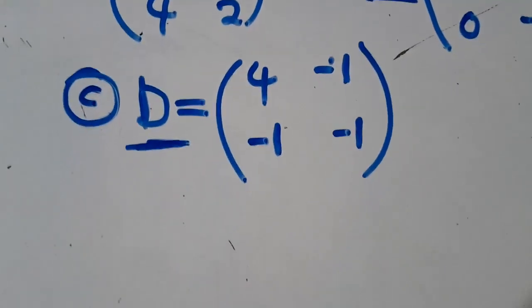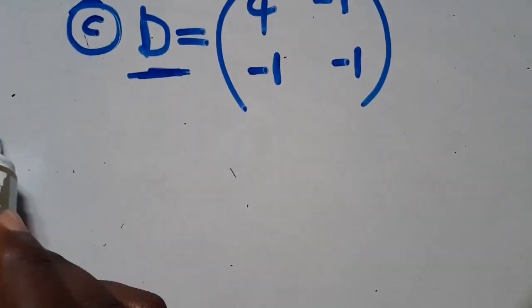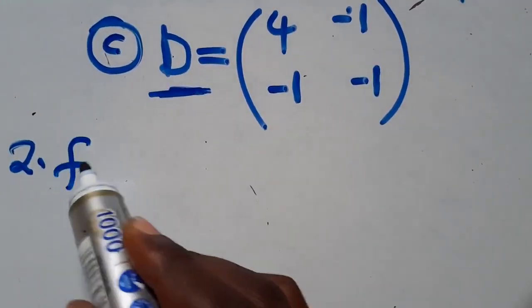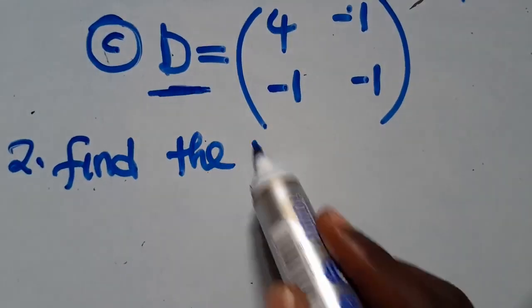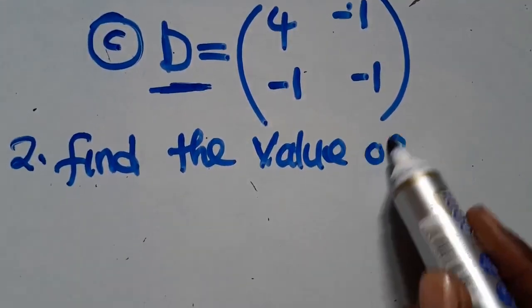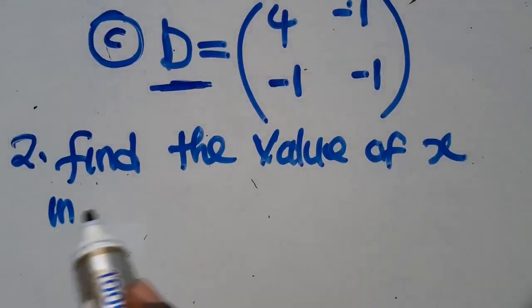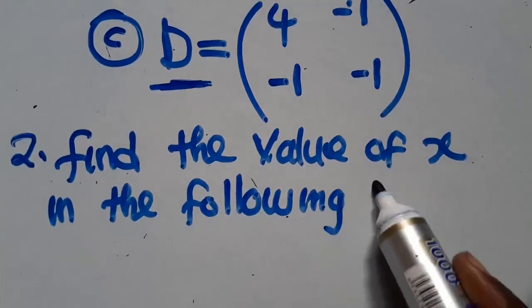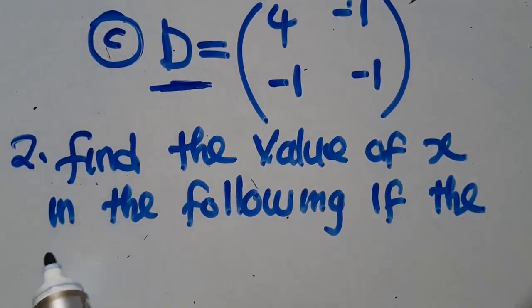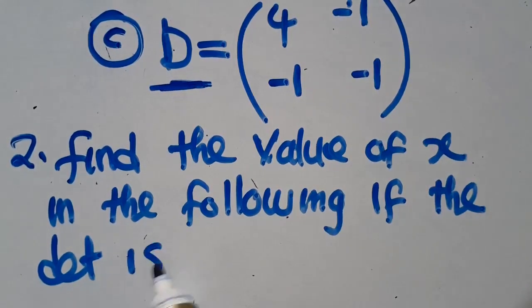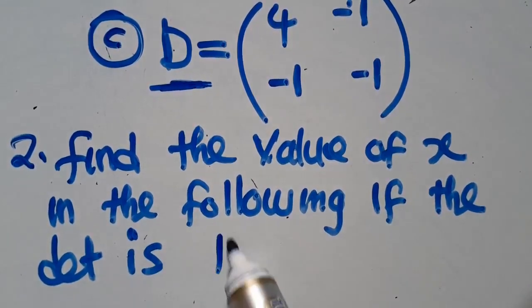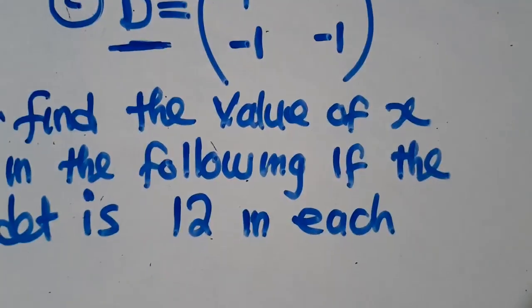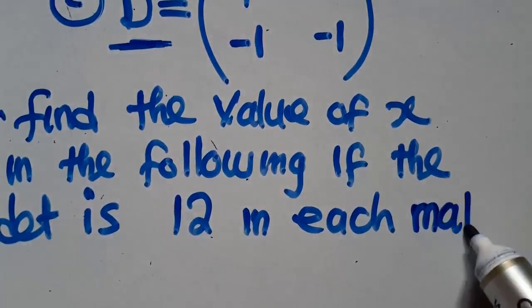Then question 2. Hope you've written this. Question 2 is saying, find the value of x in the following if the determinant is 12 in each matrix.